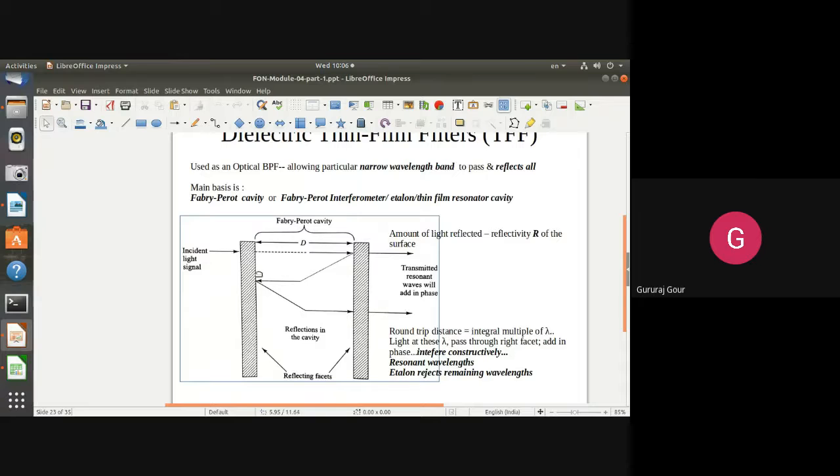For example, in this slide I have indicated two mirrors, which are known as reflecting facets. Let's assume the cavity inside these two layers is acting like your soap bubble, for the time being. Okay.